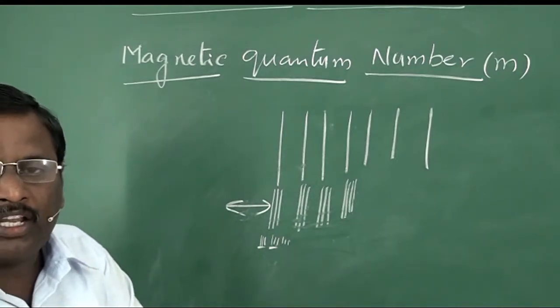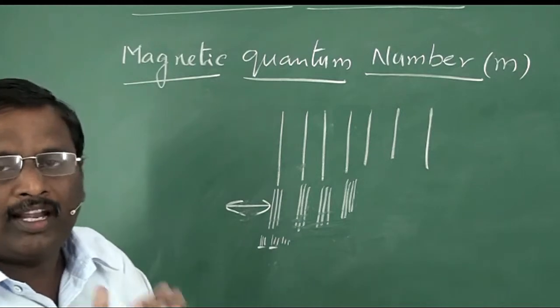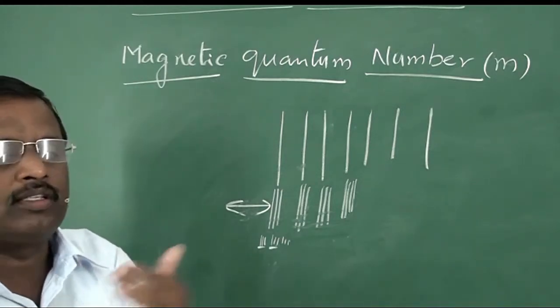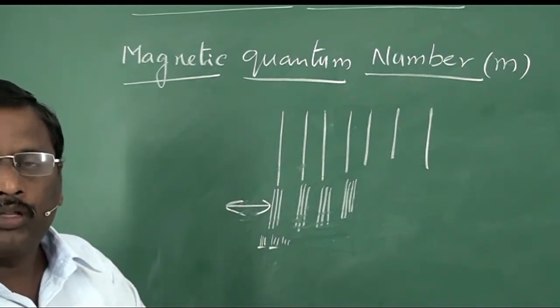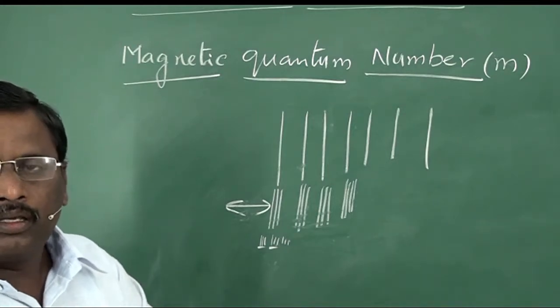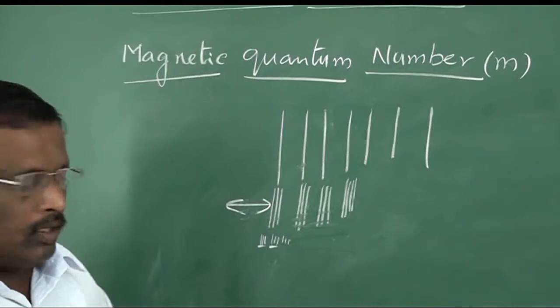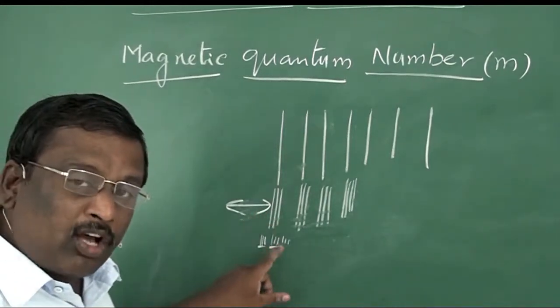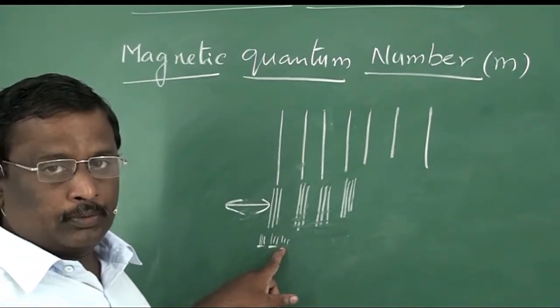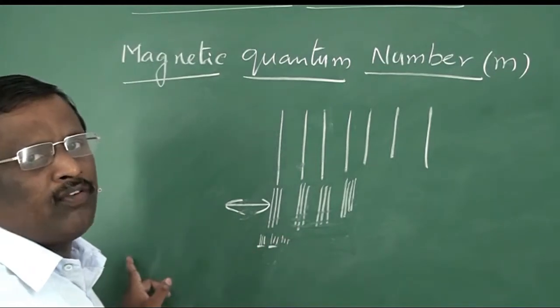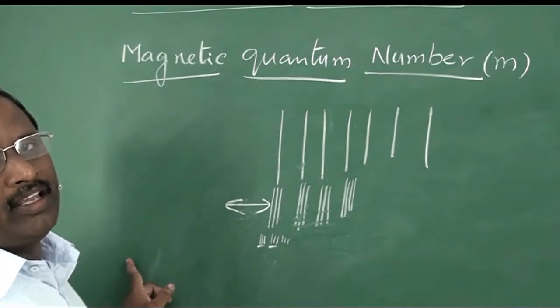The influence of the magnetic field was studied by Zeeman, and the influence of the electric field was studied by Stark. That's why those effects are named after them as the Zeeman effect and the Stark effect. This splitting is not because of the resolution of the spectroscope. This is only because of the electric and magnetic fields.